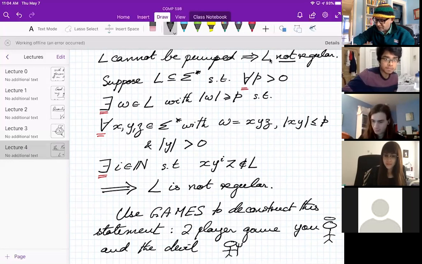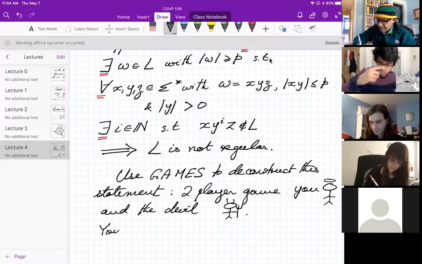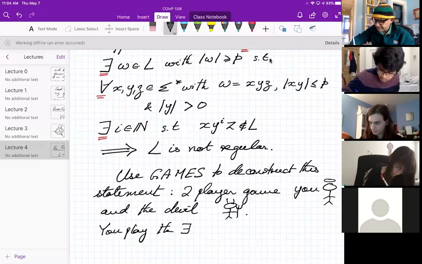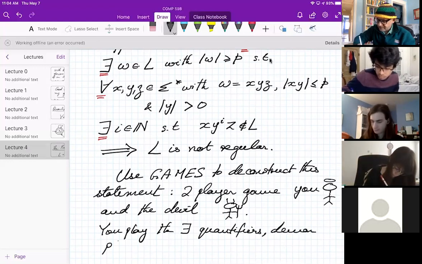The devil is always holding, for some reason, the Greek letter psi and has horns. Okay, so you play the existentially quantified variables. The demon plays the universally quantified variables.